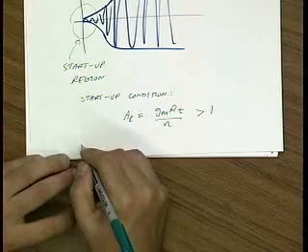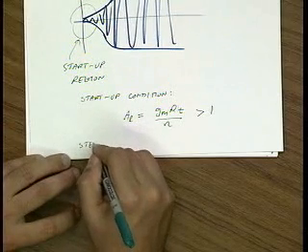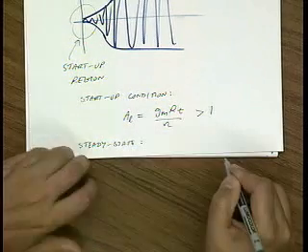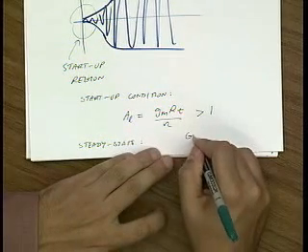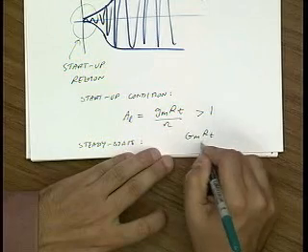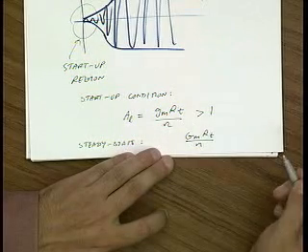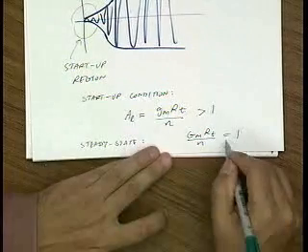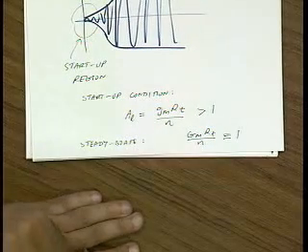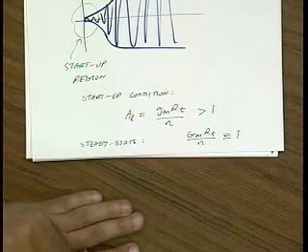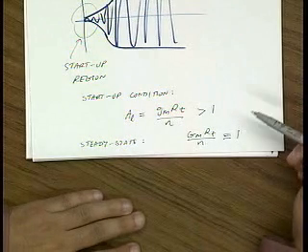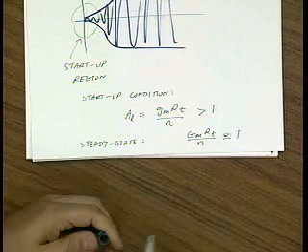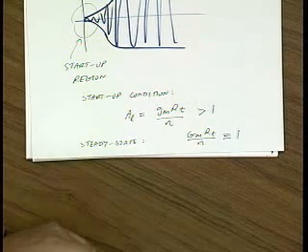The other condition that we found was that in steady state, the large signal loop gain, gm R_T over n, should exactly equal 1. And we found that these two conditions together tell us what the steady state oscillation amplitude is going to be.